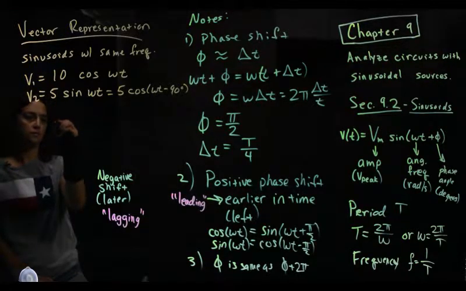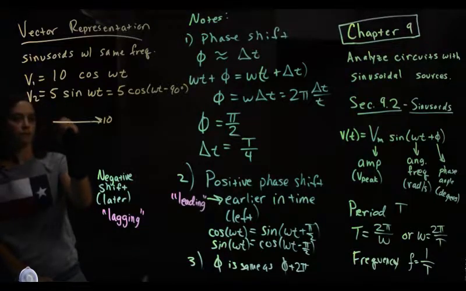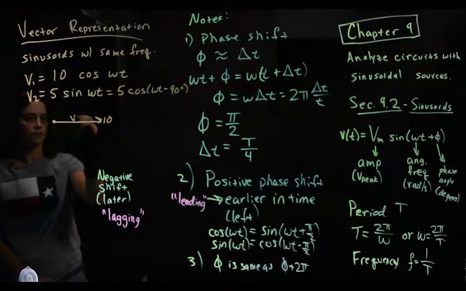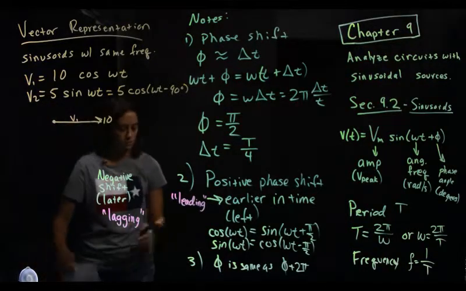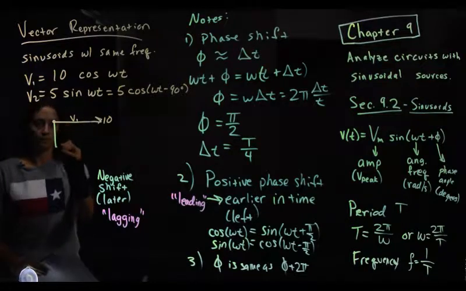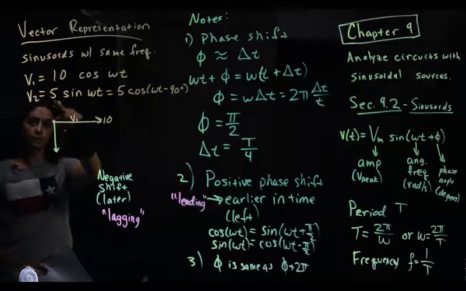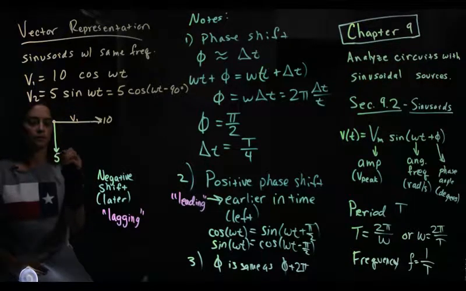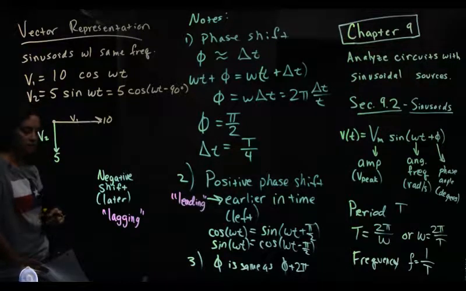Then I can draw V1, 10. This is my V1. And I can draw V2. I'm going to go ahead and switch colors here for V2. So V2 has an amplitude or a peak of 5, but it's shifted by minus 90 degrees.